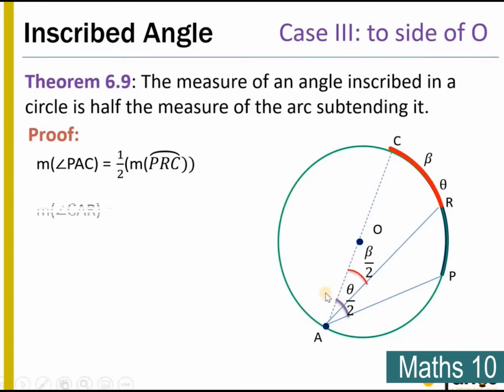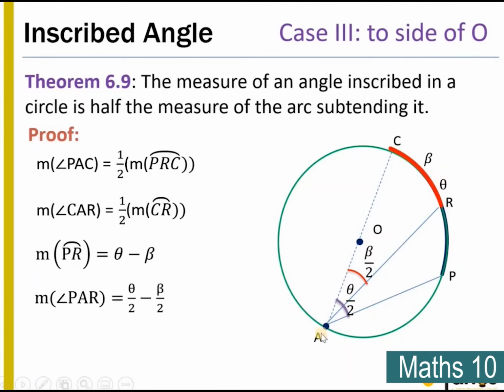Also, if we take this smaller shape, the measure of the angle CAR is beta over 2, because it's half of the measure of the arc CR. Therefore, the measure of the arc PR, which is the part that we're interested in, is equal to theta, all the way round, minus beta.